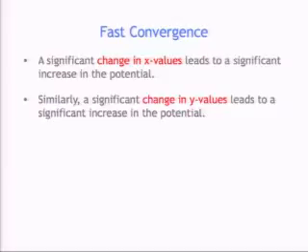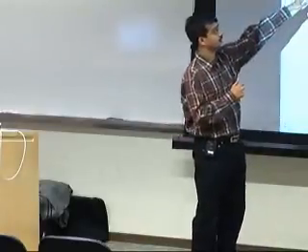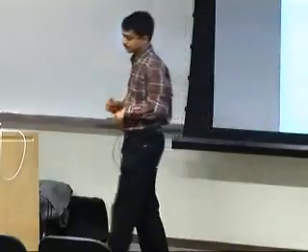Similarly, you can show that a significant change in y values leads to a significant increase in the potential, because intuitively speaking, y values are determined by x values. So if y values are changing rapidly, then x values are also changing, and that's why the potential function increases.